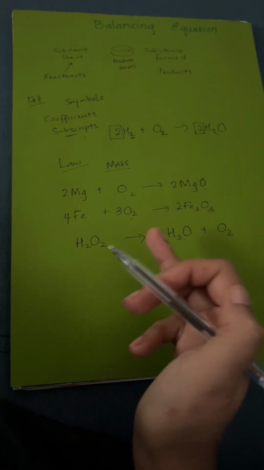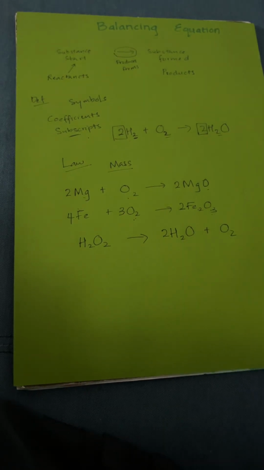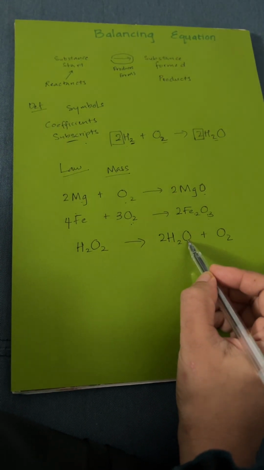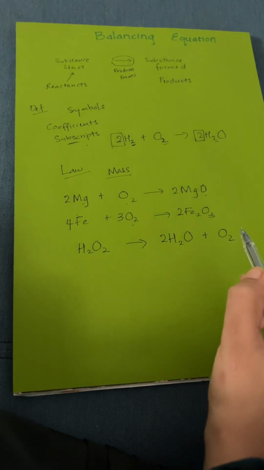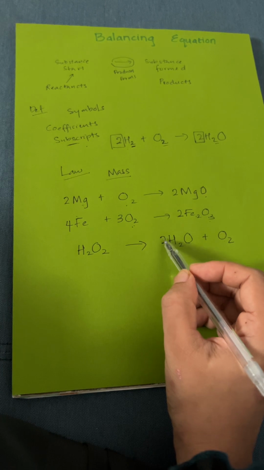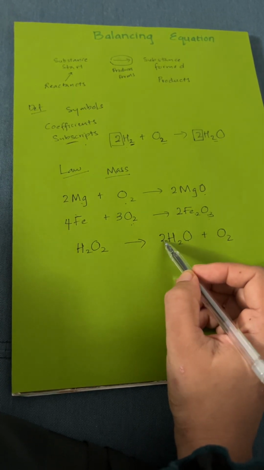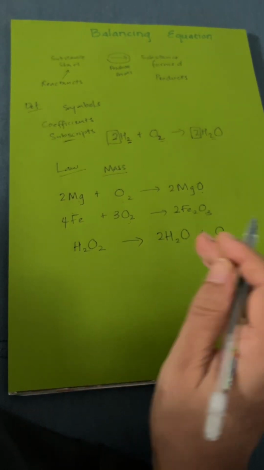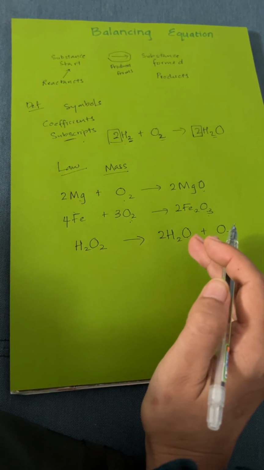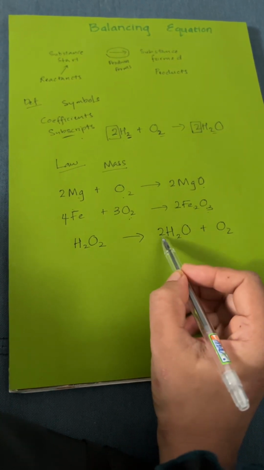When 2 and 3 come, we try to make it 6, but sometimes we can make it 4 also, that's fine.